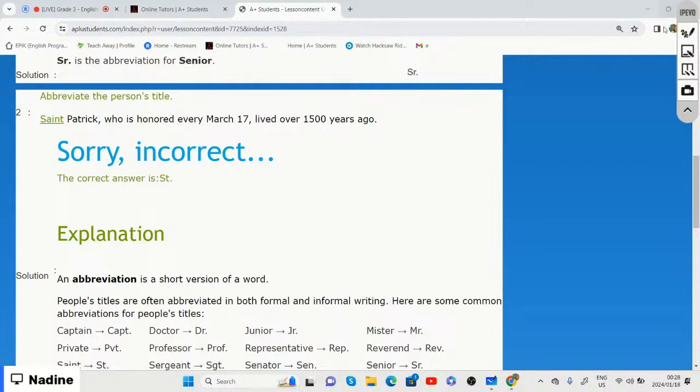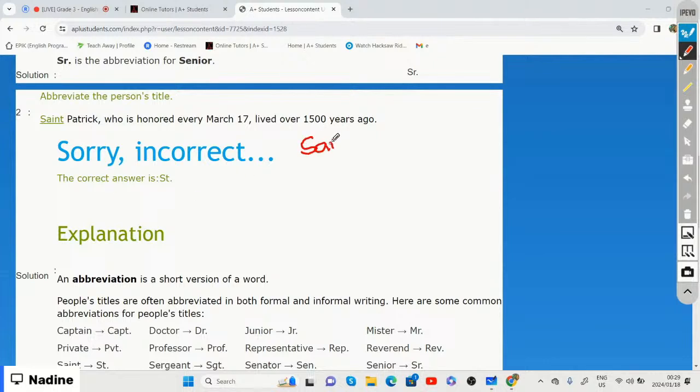And if we abbreviate the word saint, or let's say the title saint, the abbreviation of the title saint is capital letter S, T, and a period.